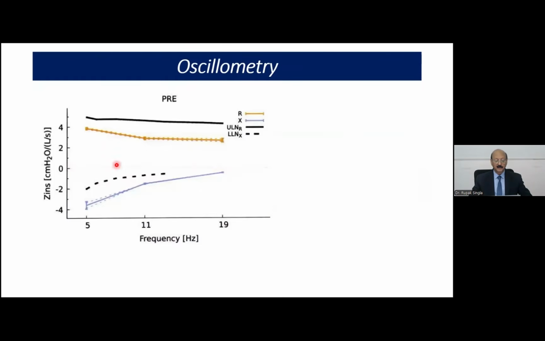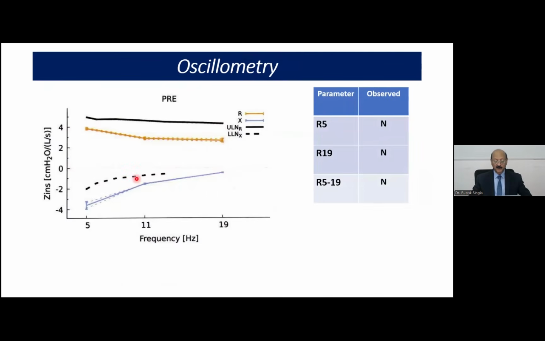Now let us have a look at this graph. So you find this is the normal black line and R5 is within the normal range, R19 is within the normal range, and R5 minus R19 is also within the normal range. But when you see the reactance line, the X5 is more negative, FRS is increased, and the area of reactance is also increased.